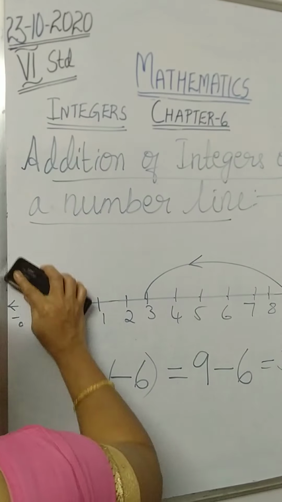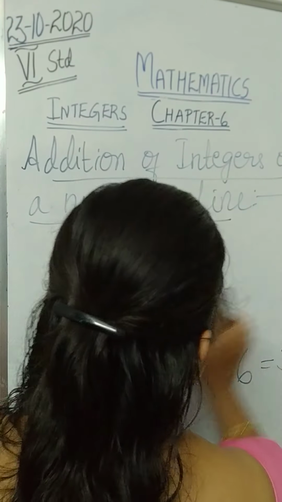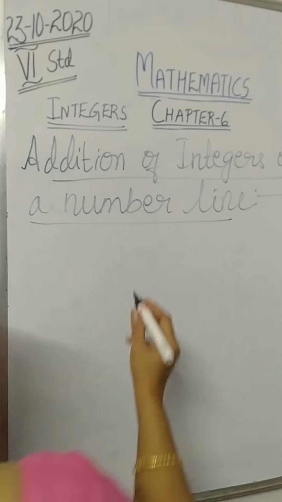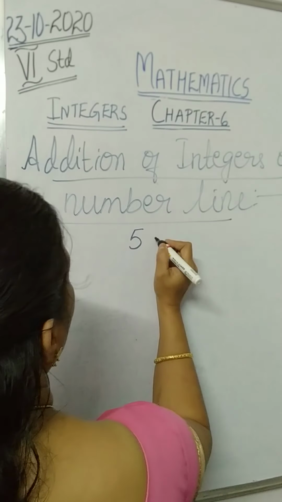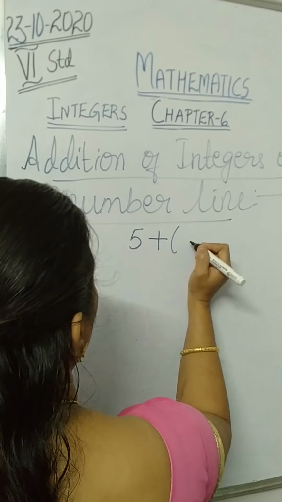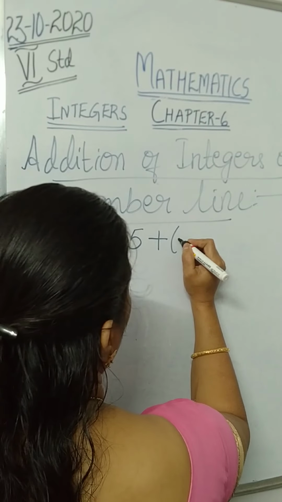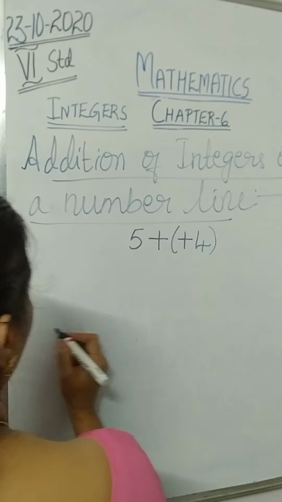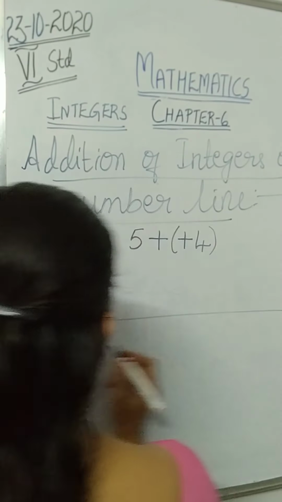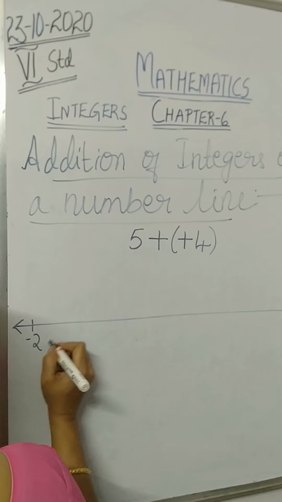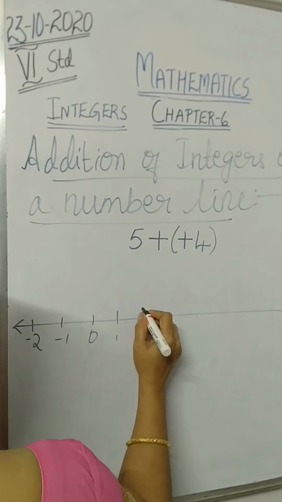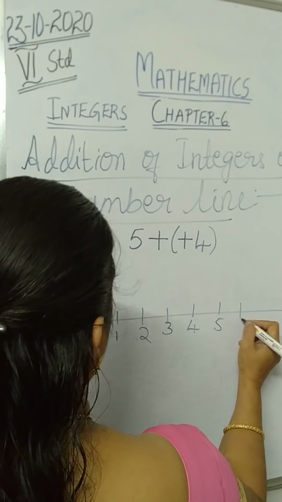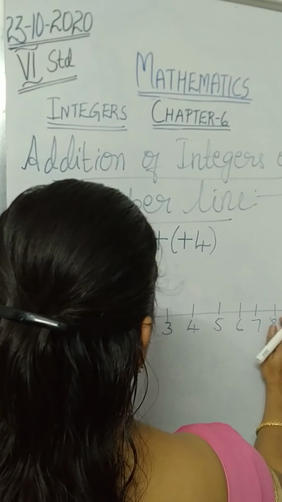Now, let us see another example. Five plus 4. Let us see 5 plus 4. How to add 5 plus 4 in the number line. 1, 2, 3, 4, 5, 6, 7, 8 and 9.